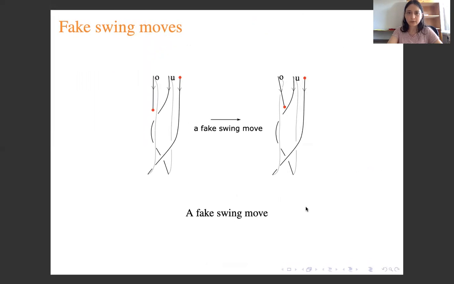We also have fake swing moves for labeled braidoid diagrams. We are trying to define an equivalence to construct a Markov theorem for labeled braidoid diagrams. So we have L moves for this, as we have seen, and fake swing moves. A fake swing move is actually an unrestricted swing move happening on a labeled braidoid diagram.